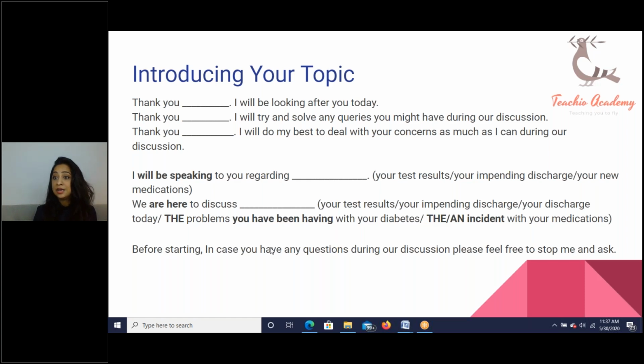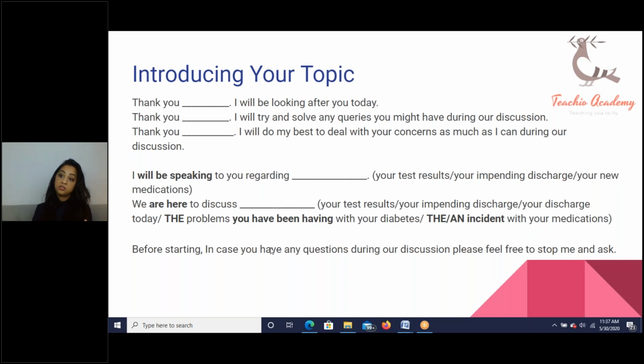Now there might be a scenario when the patient doesn't know about this incident and you're going to introduce the incident to them, so in that case it would be an incident with your medications.